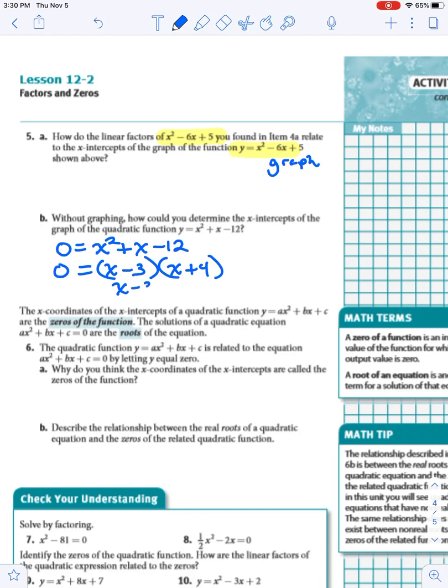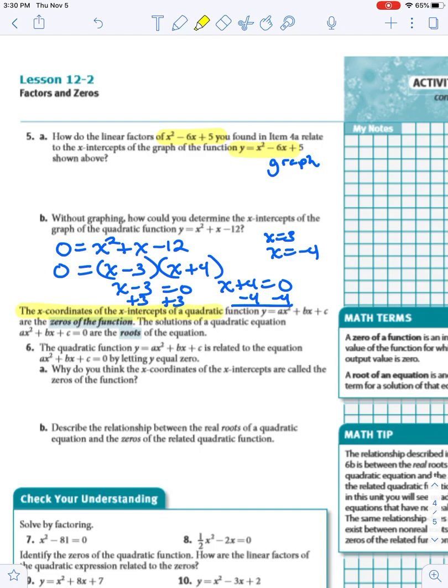Set them both equal to 0, and you'll have your x-intercepts. So we add 3 to both sides, and we get x equals 3. Subtract 4 from both sides, you get x equals negative 4. Those will be the x-intercepts of the graph.